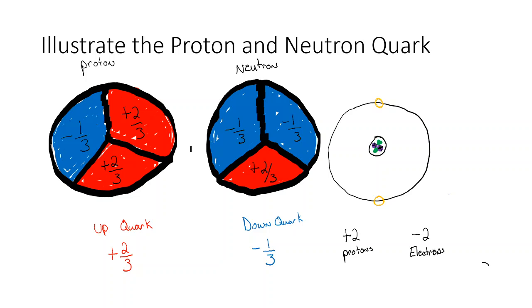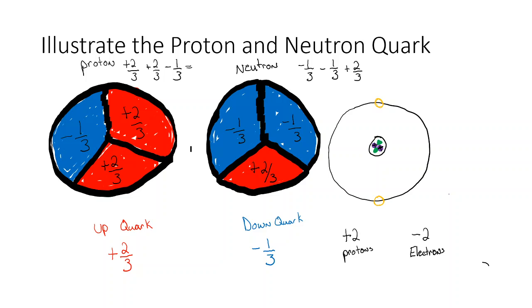Now let's look at the total charge. Let's look at a proton. We got +2/3, +2/3, -1/3. And for the neutron, we got -1/3, -1/3, +2/3.